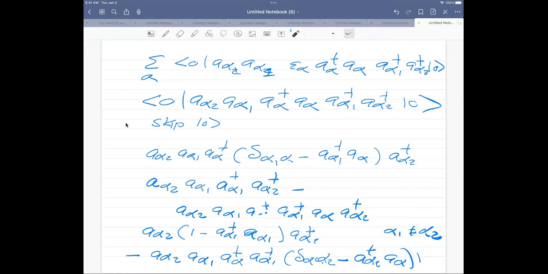So here, what I did now was to take this term which you see here and just rewrite it using the anti-commutation rules. And then I got the annihilation operator A alpha acting on a vacuum state, and that gives me 0. But now you see that what I'm having is actually this operator here, where alpha is equal to alpha 2. And then I would have to rewrite that one as well.